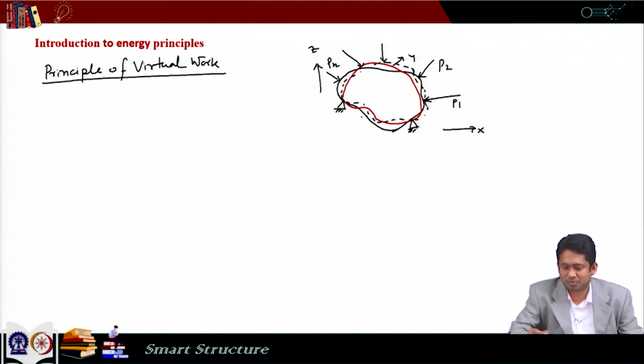So, we have 3 kinds of lines: the firm black line is the undeformed body, the firm red line is the deformed body, and the dotted black line is the perturbed version of it.